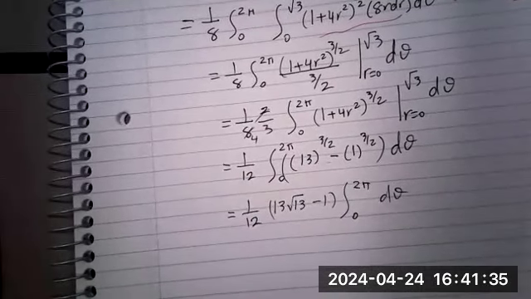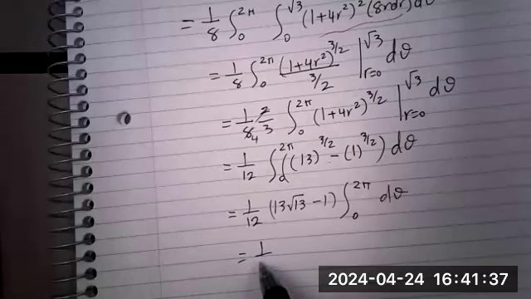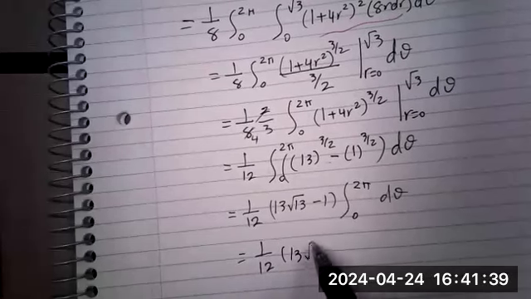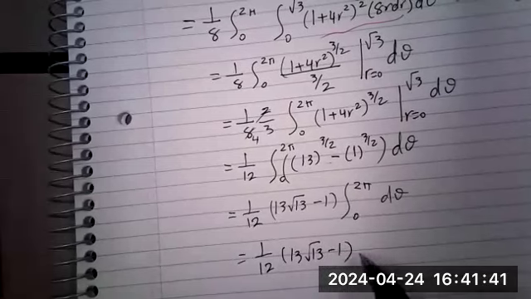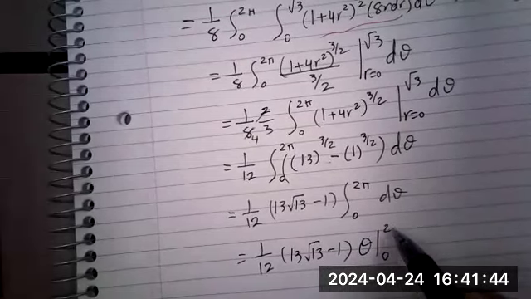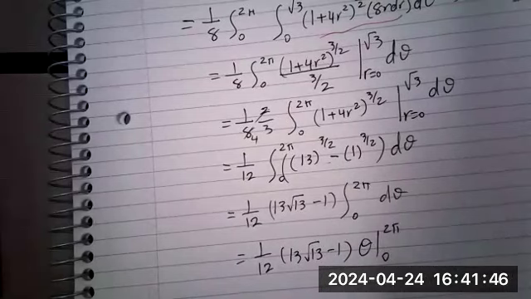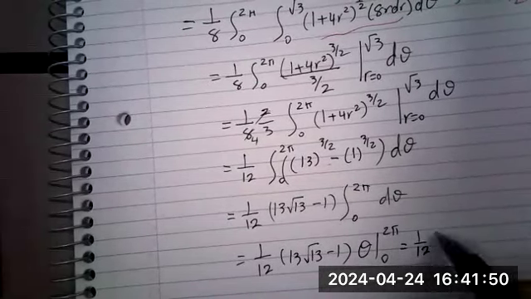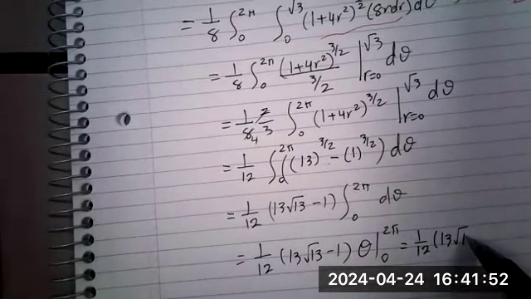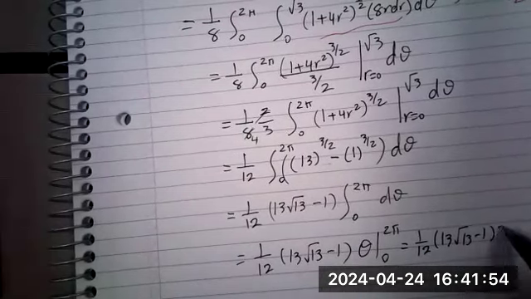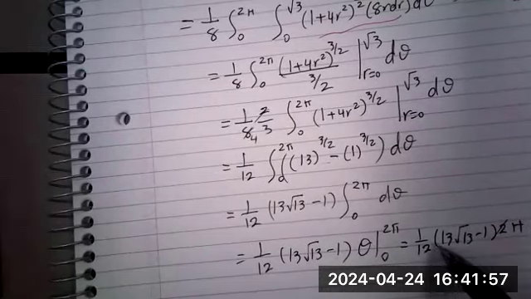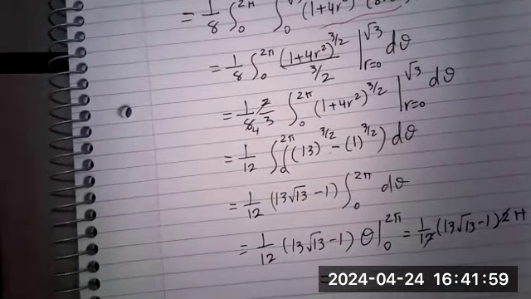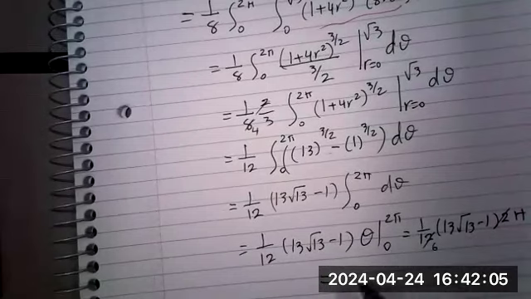Integral of d theta would be just theta. So it's 1/12, 13 radical 13 minus 1, times theta between 0 and 2 pi. You just substitute 2 pi and then you're done. So 1/12, 13 radical 13 minus 1, times 2 pi. Simplify 2 and 12, find an answer. That gives you 6.